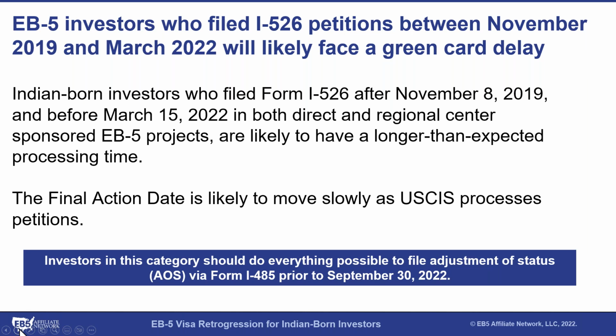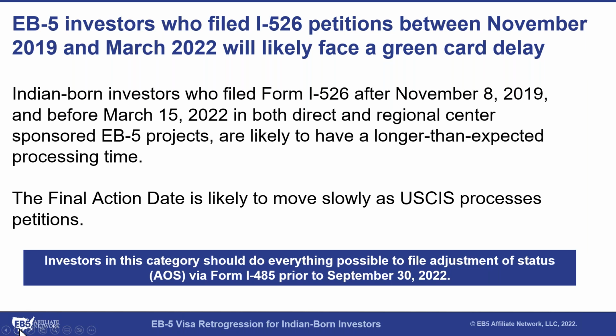For the month of October, USCIS clarified yesterday that it will be looking at chart B. So the actual retrogress date for Indian-born applicants who are eligible for adjustment of status is actually December 8th of 2019, while for those who are abroad, not eligible for adjustment of status, the retrogress date is November 8th of 2019.